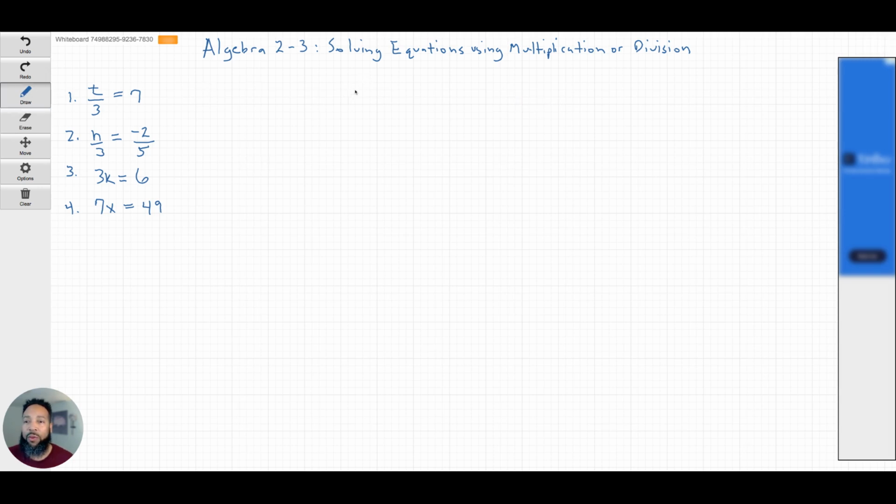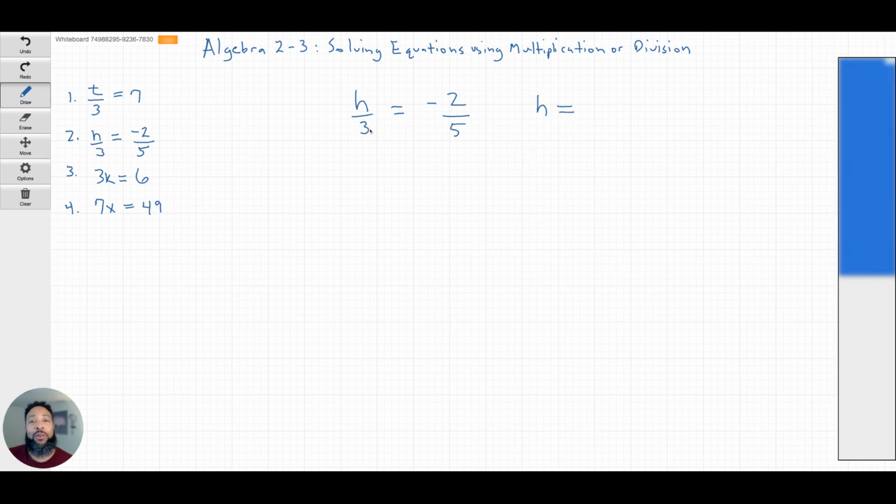Okay. So now we have h divided by 3 equals a negative 2/5. Don't let this intimidate you. Don't let fractions intimidate you. I know fractions can be very intimidating if you don't know what you're doing. So remember, we're solving for h, so we want our equation to visually look like h equals.